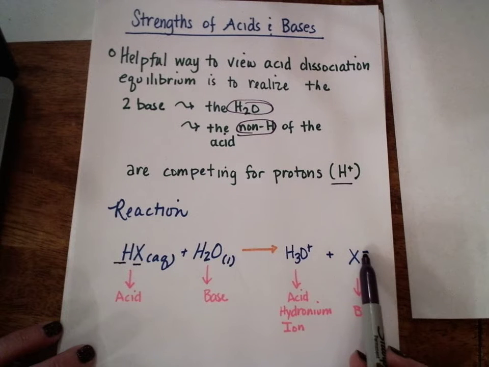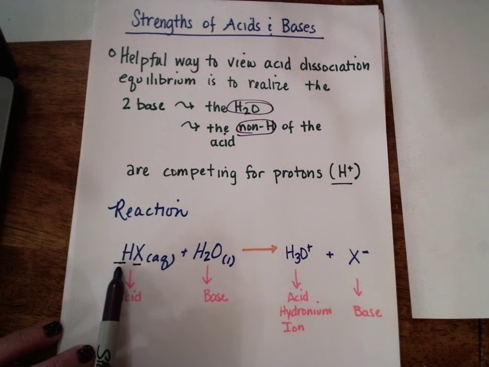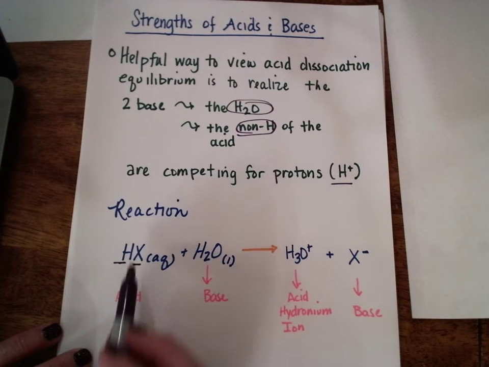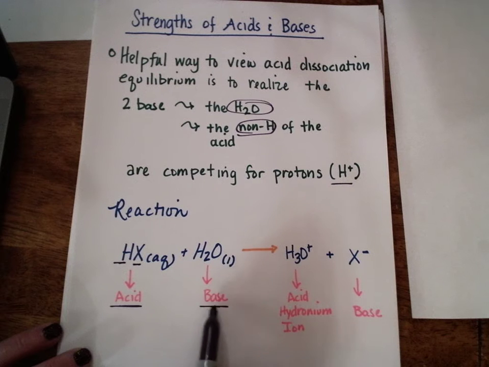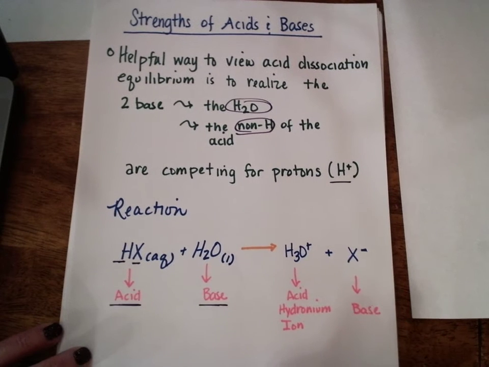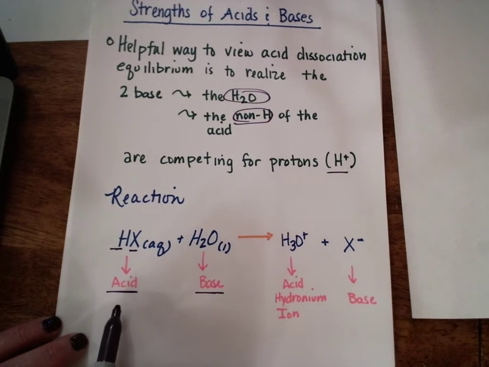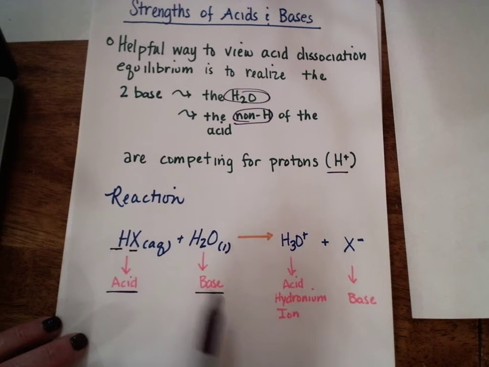I know this is a minus charge because my hydrogen, when it's in combination like this, has a 1 plus charge. So when I look at this a little further, I know this is my acid. Obviously, I know water, and if this is an acid-base reaction, my hydrogen's here, so I know this has to be acting as a base.